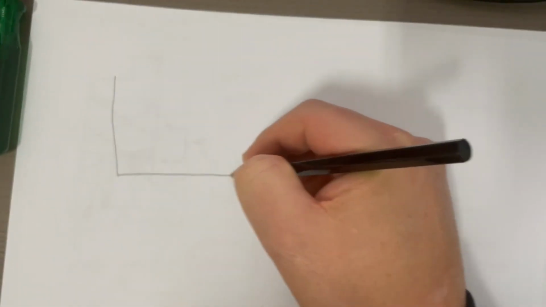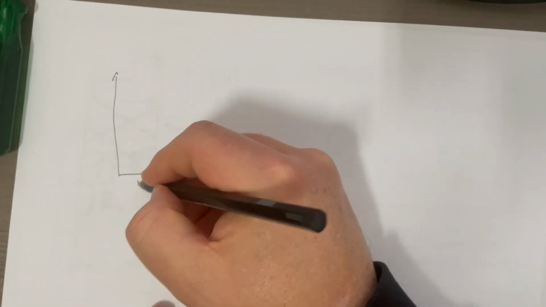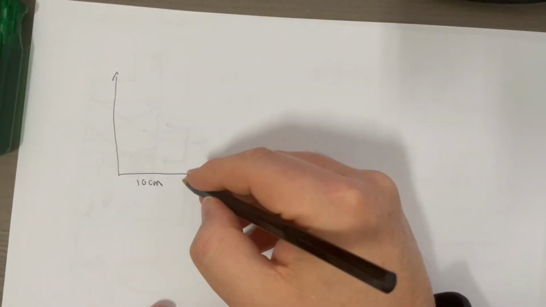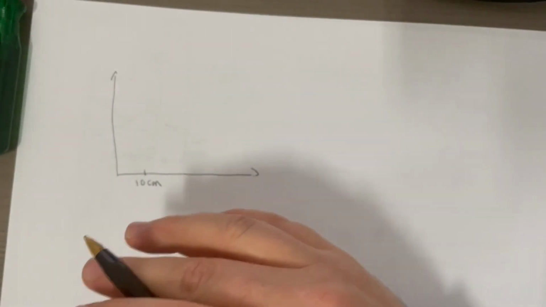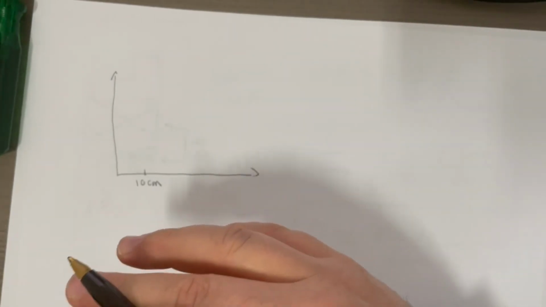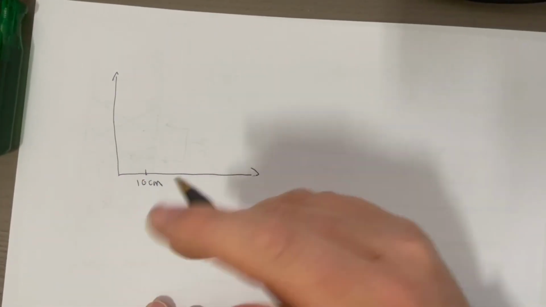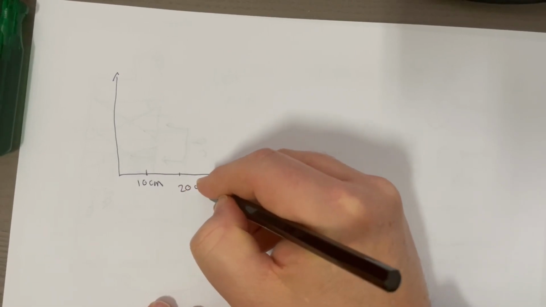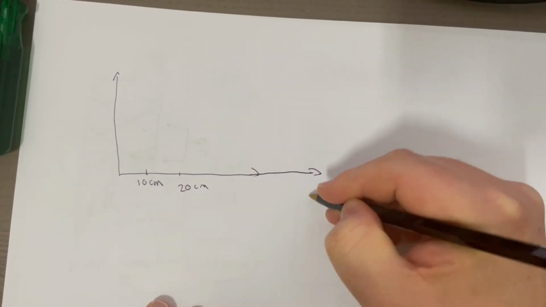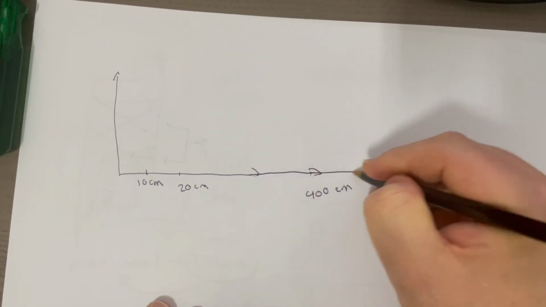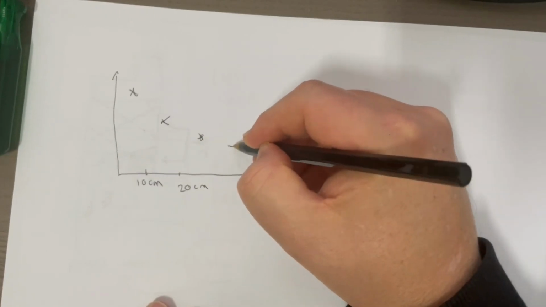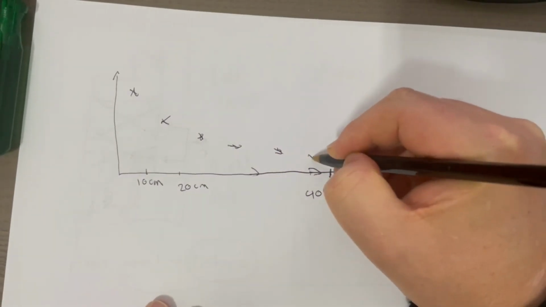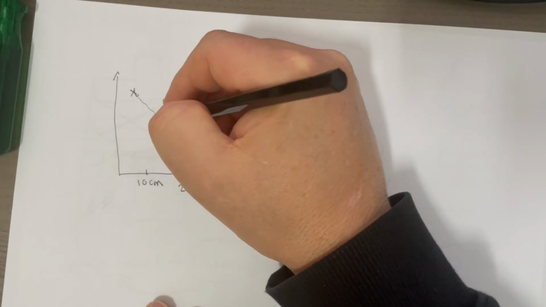What we end up with is something like this. At 10 centimeters, we'll manually shift the time of flight image over a certain number of pixels until you get it right on top of the object, then 20 centimeters, right out to, let's say, 400 centimeters. Then you can just plot points like this, and do some interpolation.